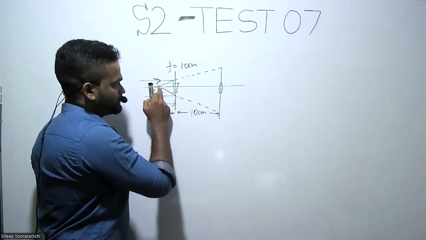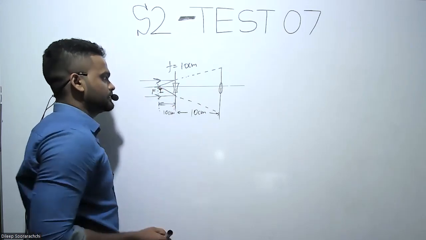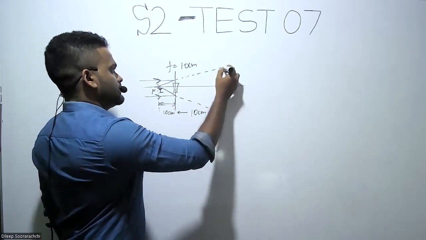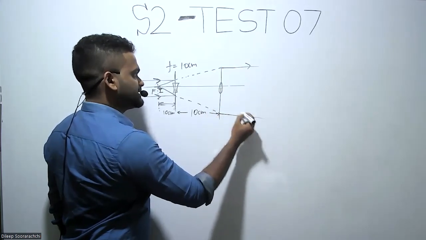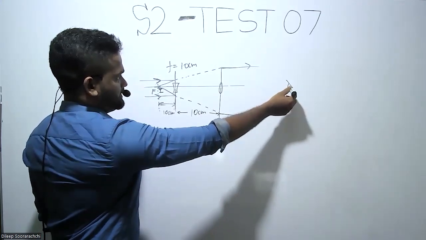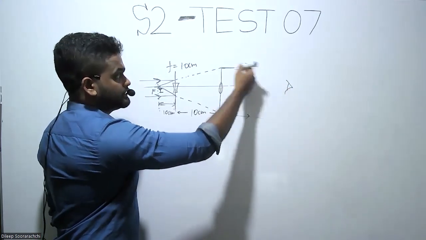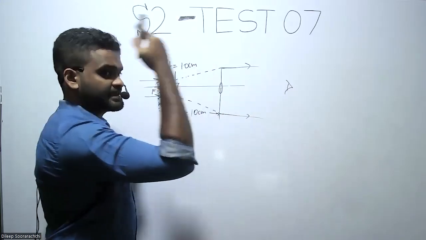Then those rays are the ones that get parallel. So someone observing here sees the final image of this object is at infinity as well.